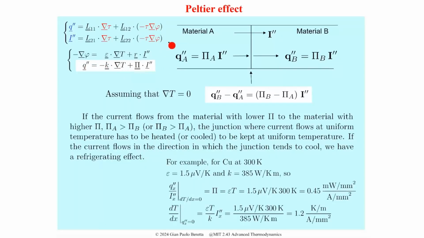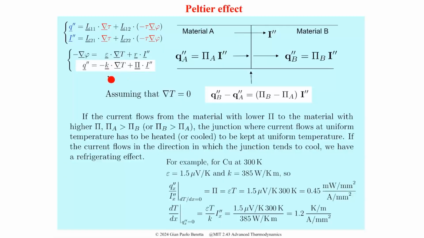And the typical setup is that you have a junction between two different materials in which you run an electric current. So they have to be conductors or semiconductors. And so you have to have a possibility to drive a current through this junction from material A to material B. So that's the current I.